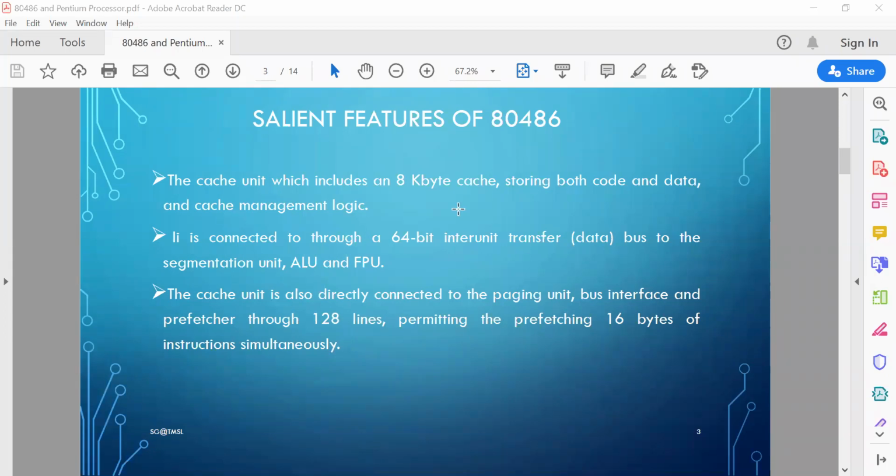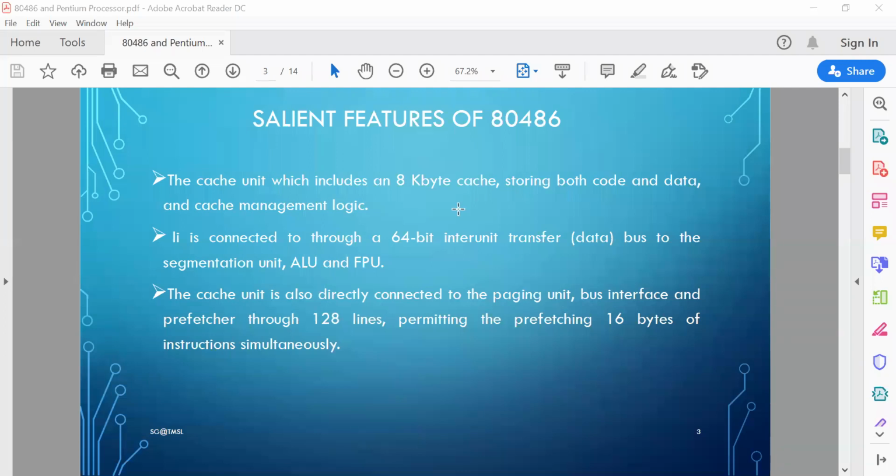Here both code and data are stored, which is called the unified cache. In a unified cache, both the code cache and the data cache are stored at the same time.